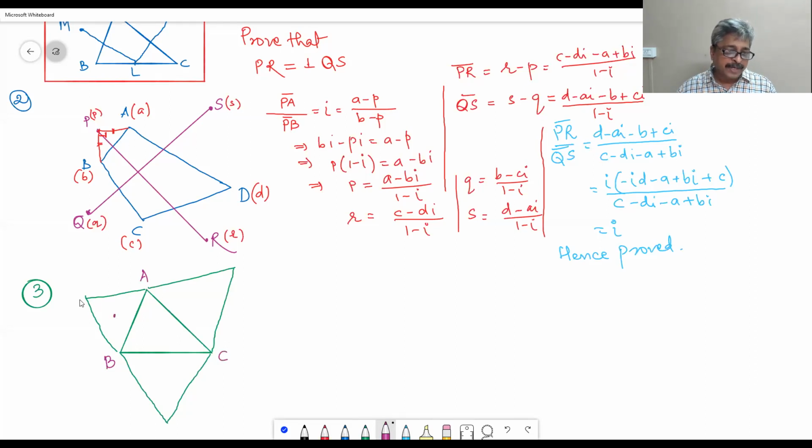Let the centers of triangle ABP, which is equilateral, BCQ, which is equilateral, and CAR, which is equilateral, be X, Y, Z. Prove that triangle XYZ is equilateral.